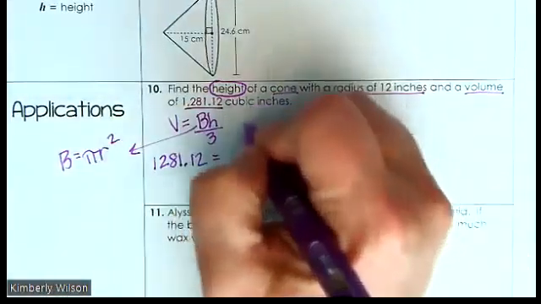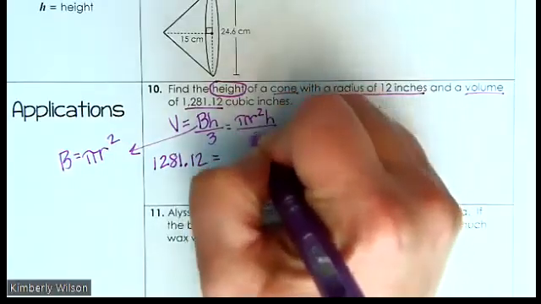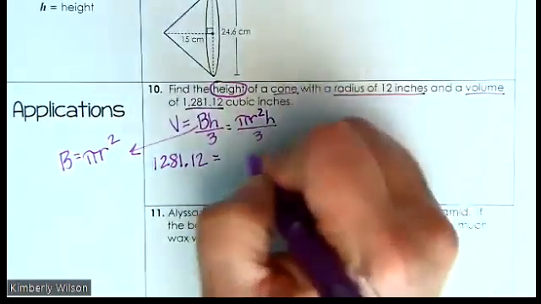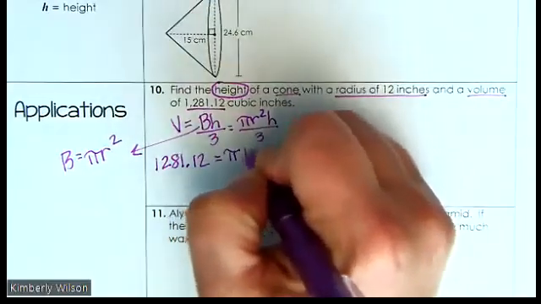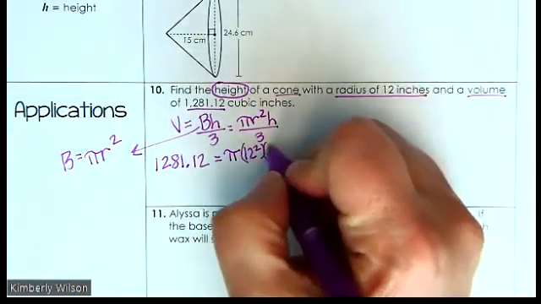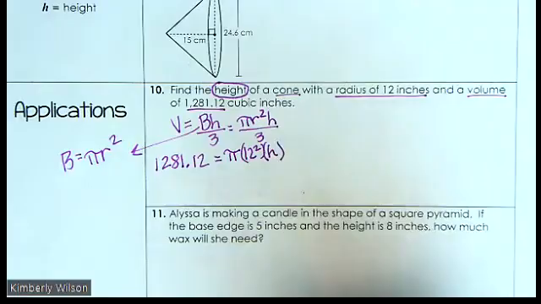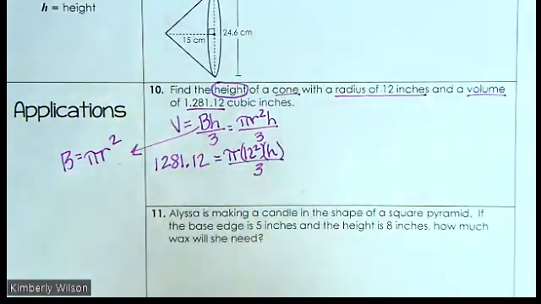So I'm going to plug that in. So I could have pi r squared H divided by 3. So we have pi times 12 squared times, ooh, I don't know this, that's my H, all divided by 3.